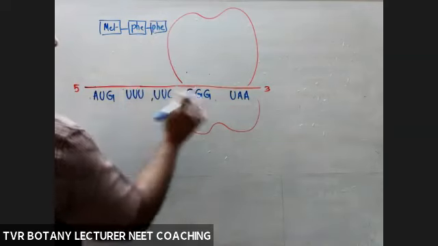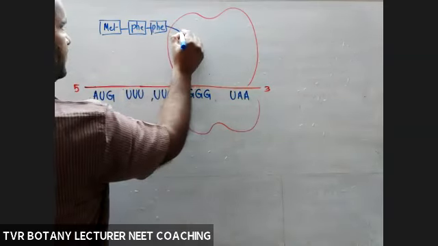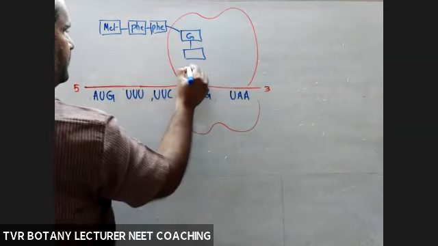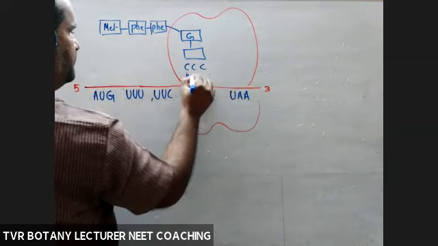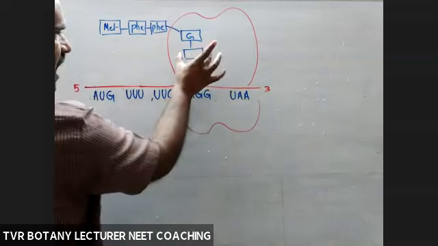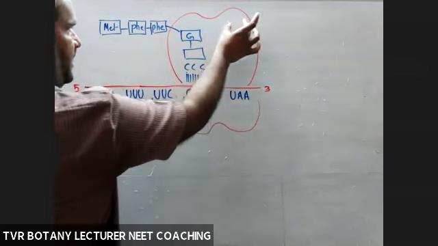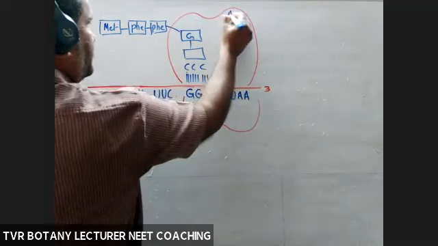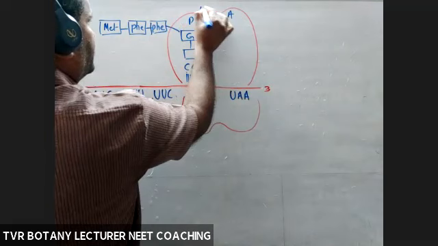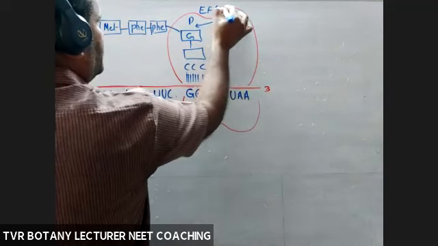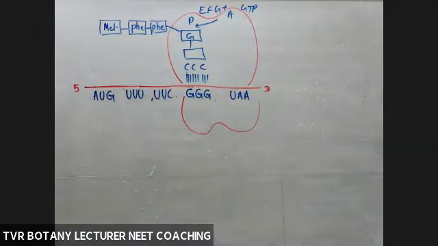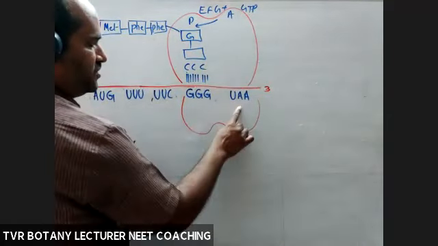And the last one, according to this, bond, glycine, tRNA molecule with CCC. So what happened here also? The last amino acid tRNA shifted from the A site to the P site. Here also elongation factor G plus one molecule of GTP consumed. So now the A site is exposed to the nonsense codon.